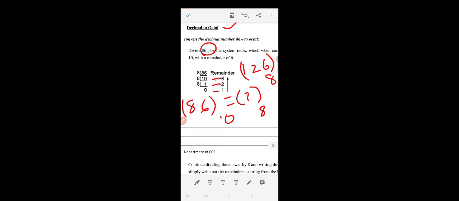In the decimal number system, the places are ones, tens, hundreds, thousands, 10,000s, like this. In the binary number system, 2 power 0, the places are ones, twos, fours, eights, 16s, like that.